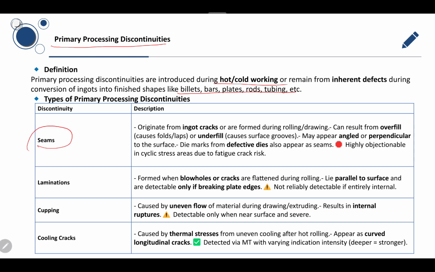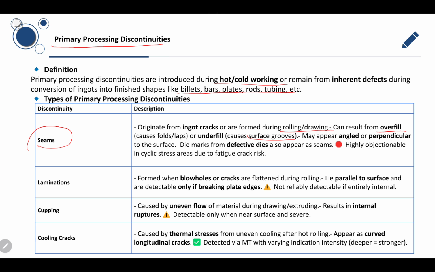Seams. These can originate from ingot cracks or form during rolling or drawing processes. They can also result from overfill, which causes folds or laps, or underfill, which creates surface grooves.